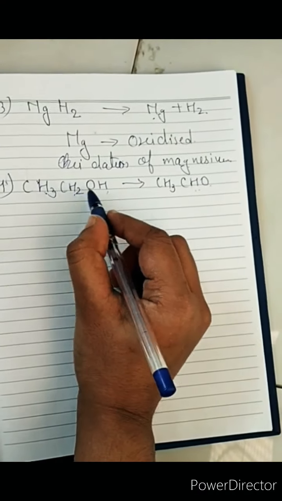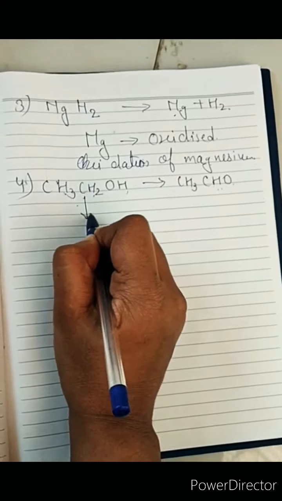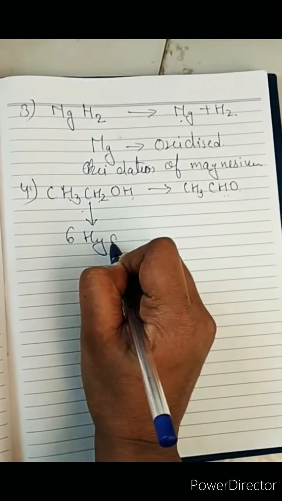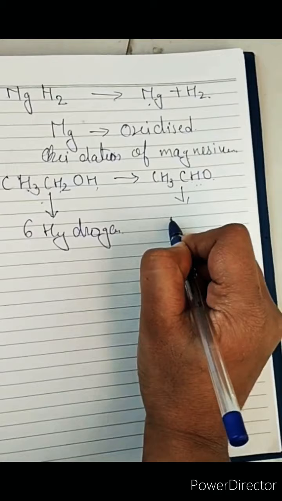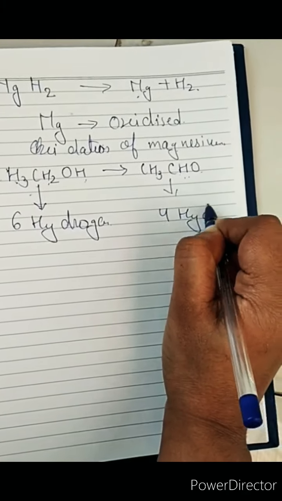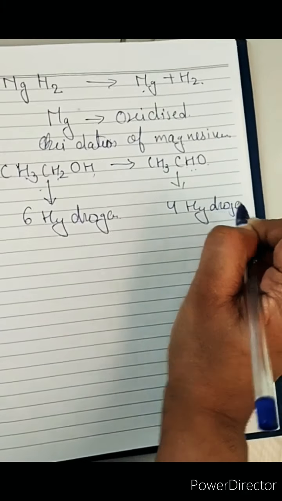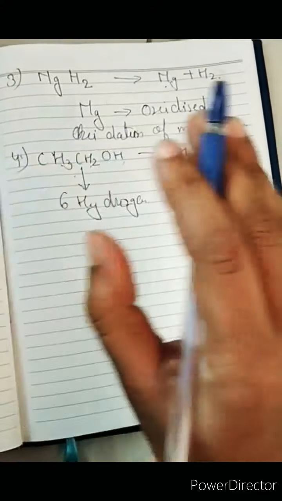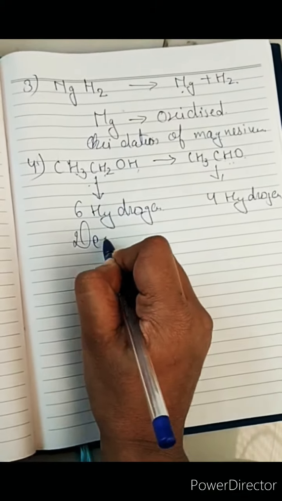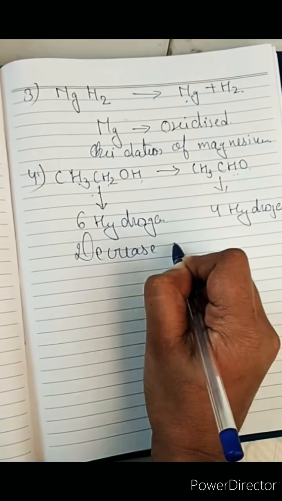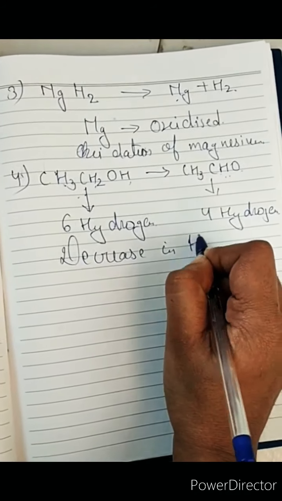Here we have 6 hydrogen, and here we have only 4 hydrogen. So you can easily see from this compound to this we have a decrease in hydrogen number.